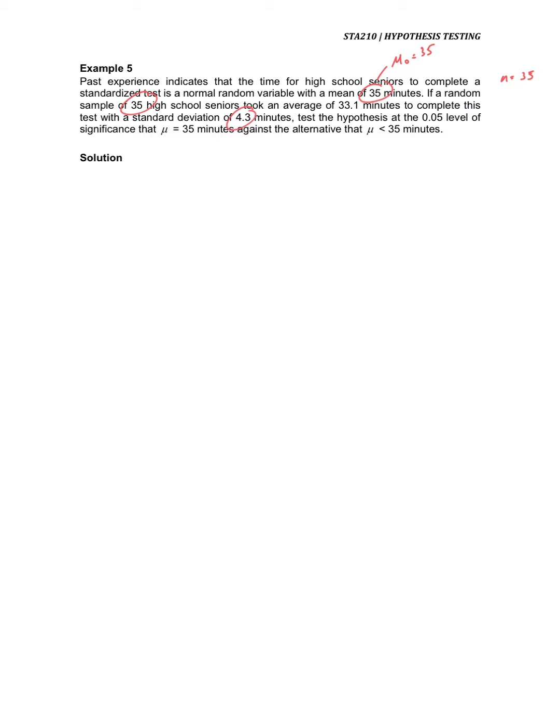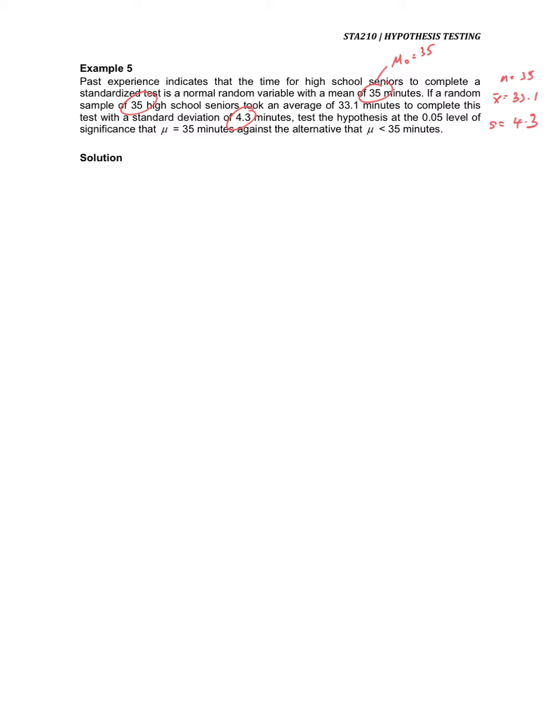So for the sample size of 35, x bar is equivalent to 33.1, and the standard deviation, s here, is 4.3. It says standard deviation, that's why it is s. If it were saying variance, it would be s squared.